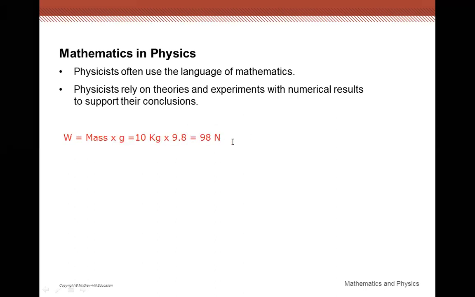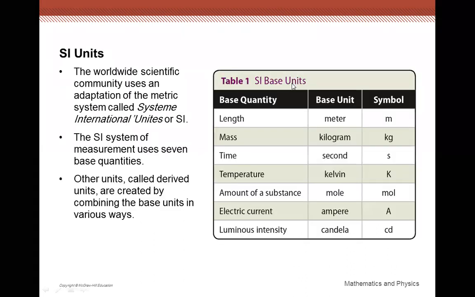So this is how scientists use mathematics to express their theories and their experiments with numerical results to support their conclusions. Scientists also write, as we wrote at the end of the equation, Newton, so they use some base units.